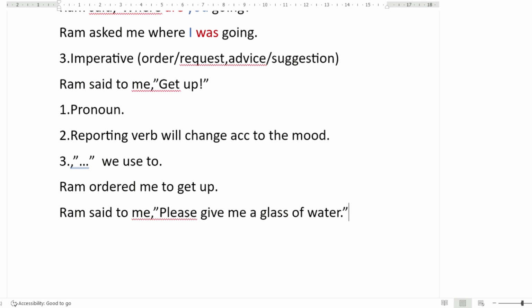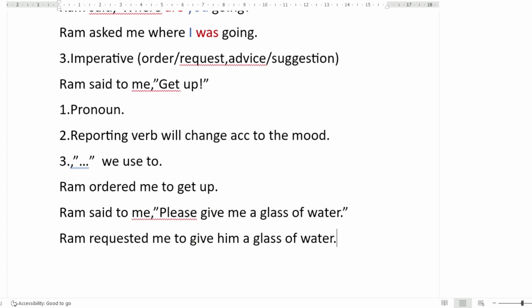What is Ram doing? Ram is requesting me. So Ram requested me. Again, to remove the comma and inverted commas, I will use to. So Ram requested me to give him a glass of water. So please has been replaced with requested.